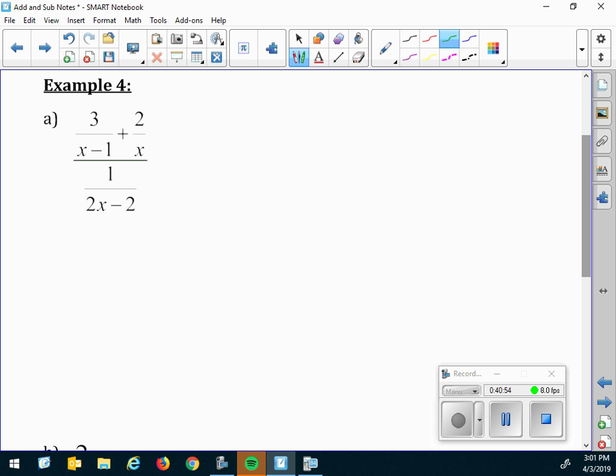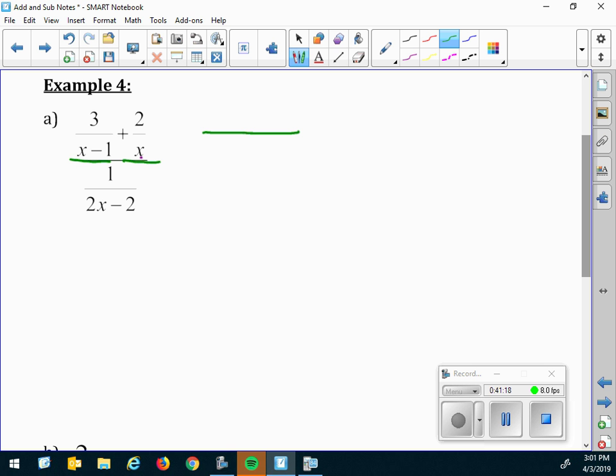Now, will this factor? So what is my common denominator for the top part of this? Here's an x minus 1. Here's an x.